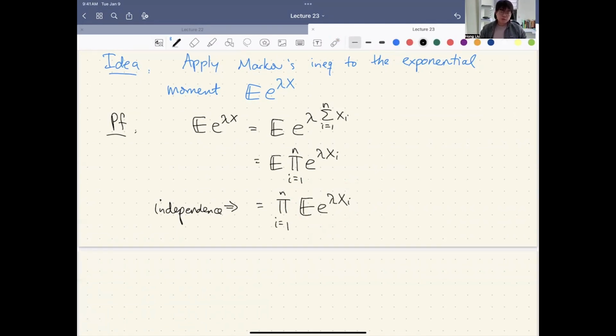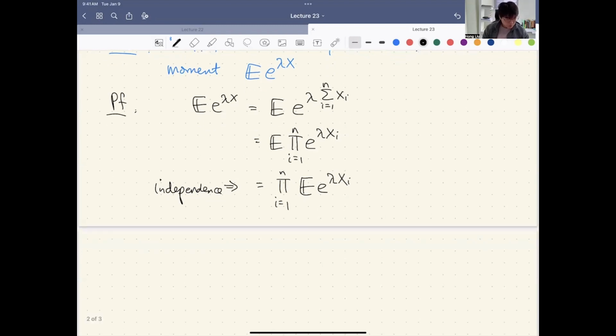Let's first use the Taylor expansion to expand this single term.